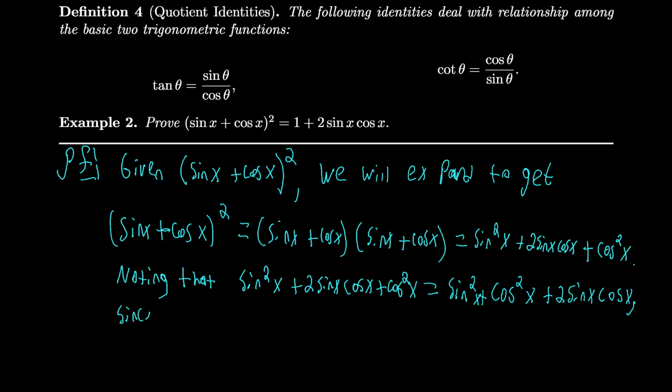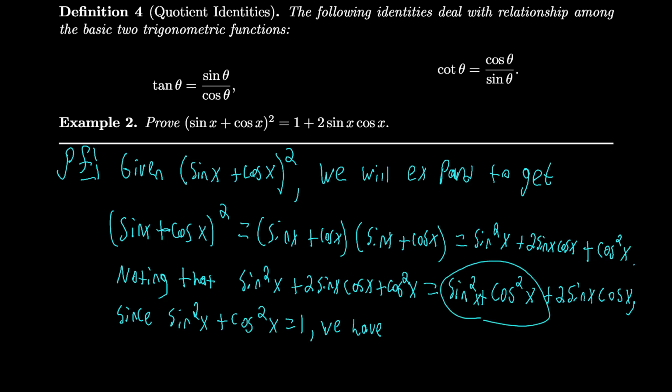since sine squared x plus cosine squared x equals 1, we have, and then you tell me this. You have that sine squared, you just told me what it was.